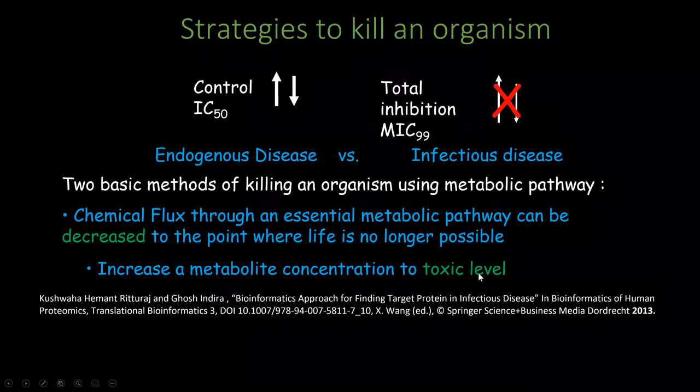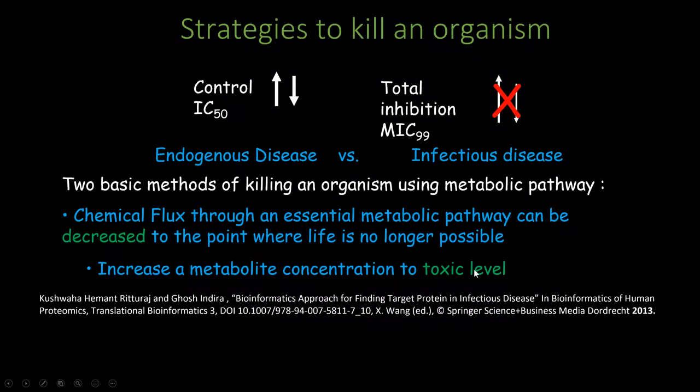Hence, your substrate can go higher and become toxic if it is accumulative. But if it is already used up, as happens in a metabolic pathway, if it is used for other reactions, then you cannot increase that. So you have to be very selective to find this. Okay, go to the next.